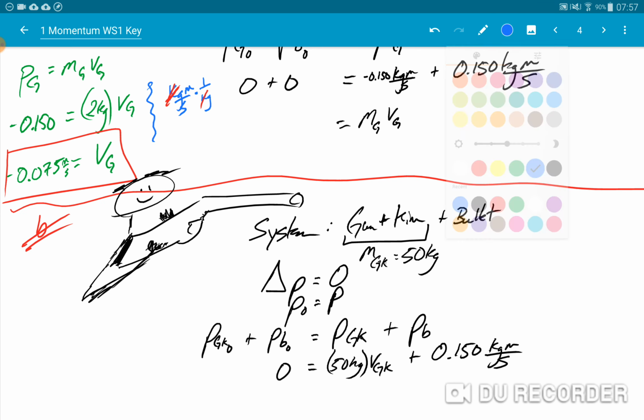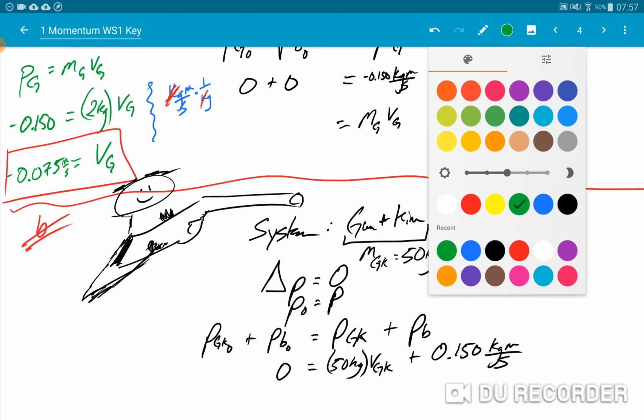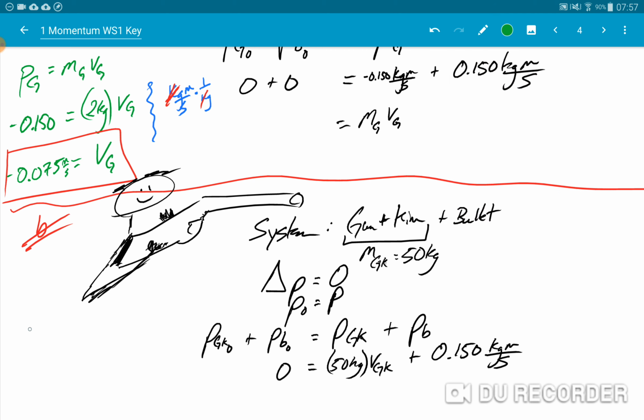So I'll go ahead and do that to the side there, and you could do it within here as well, but I'm kind of running out of room. So I know that this term right here for the gun Kim system must be equal to the negative of this, because that's the only way that you can add to 0. So I know that the negative 0.15 is equal to my 50 kilograms times some velocity of the gun and Kim.